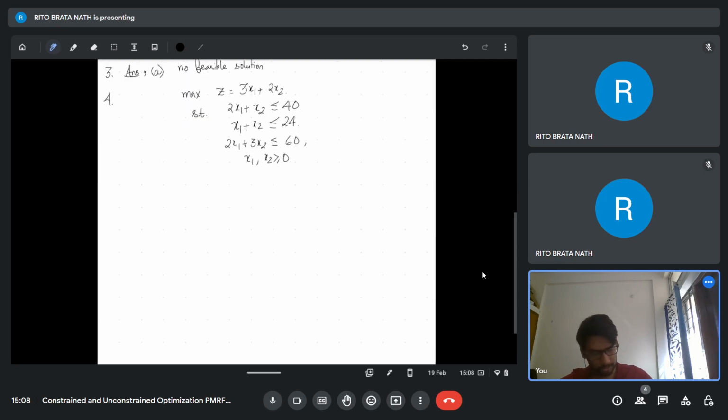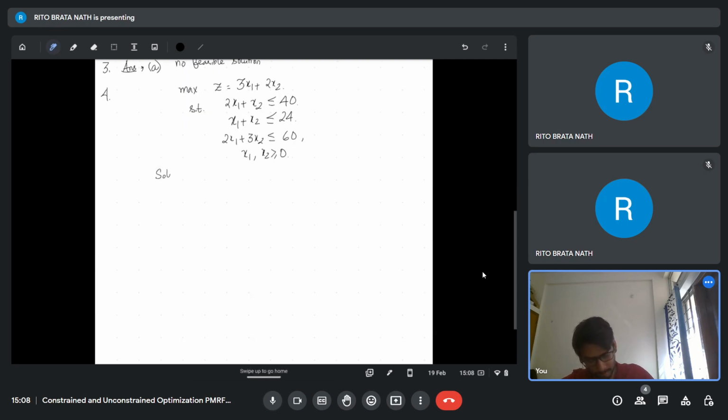Solve this LP by the two-phase simplex method.